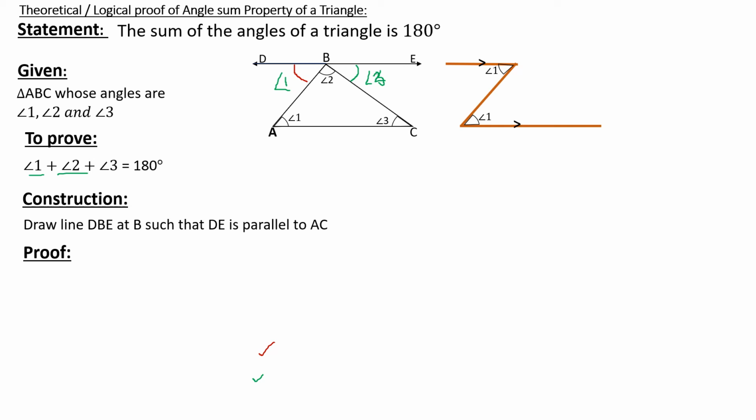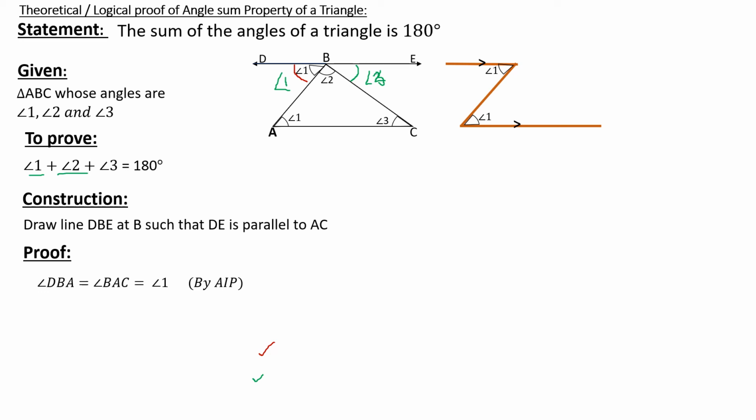So I am writing down here that this angle is going to be 1, by AIP, alternate interior pair. That is the first step. There is a reason I have put within the bracket: they form the alternate interior pair, therefore they are equal. Angle DBA is also equal to angle 1.